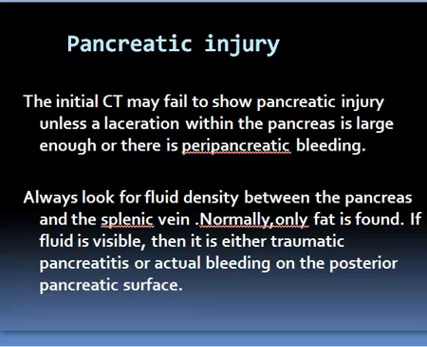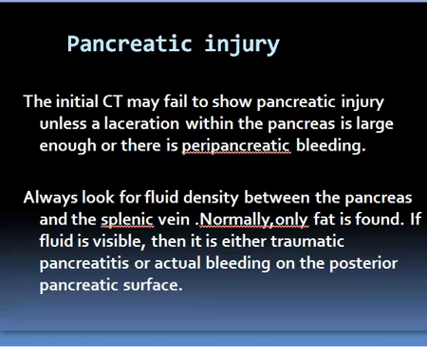Mind you that the classification of liver laceration is similar to that of splenic lacerations. Less than 1, 1 to 3, more than 3, with intraperitoneal bleeding, without intraperitoneal bleeding.